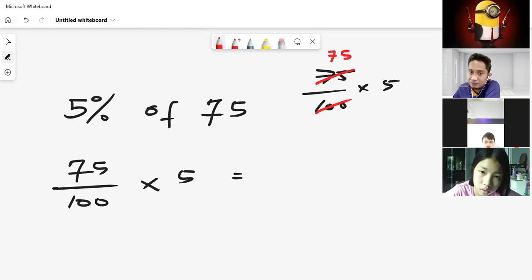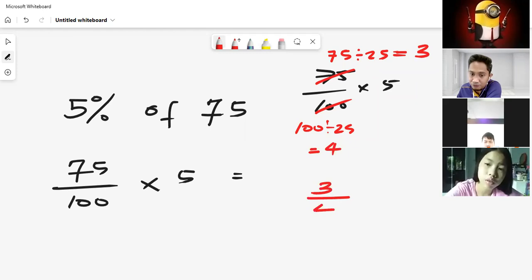Very good. 75 divided by 25, and 100 divided by 25. So the answer here is 3, and the answer here is 4. So it will become 3 over 4 times 5.